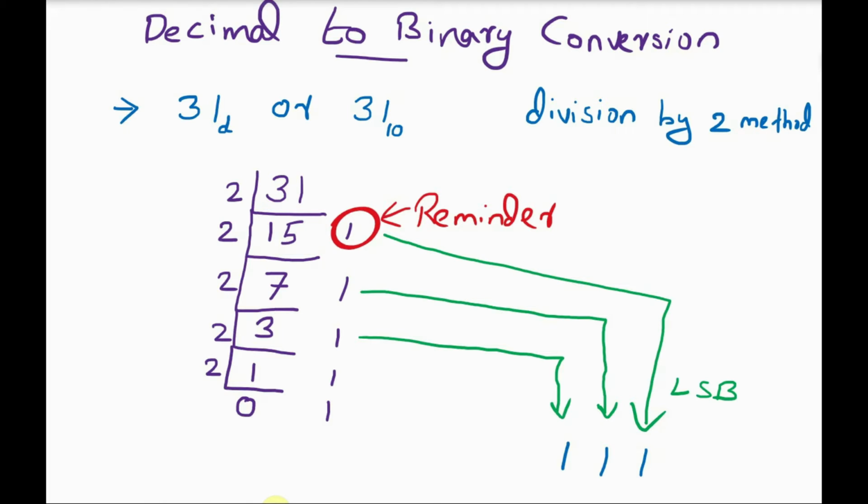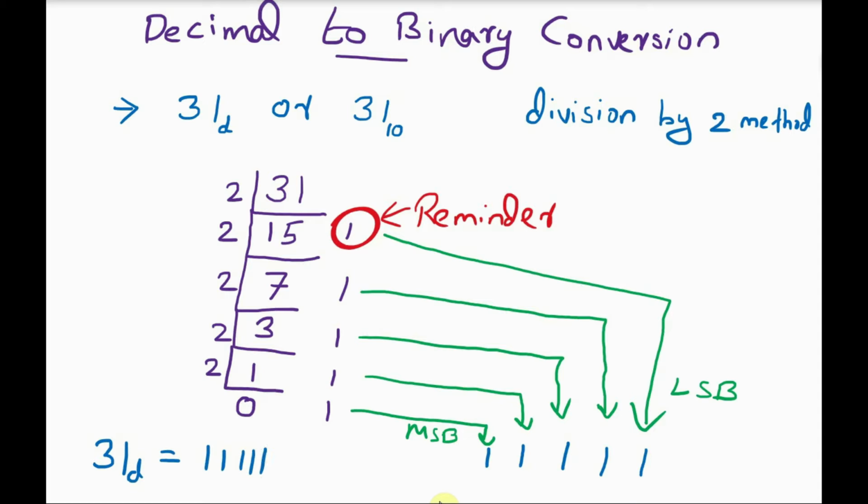Again, the next remainder is 1, and finally the last remainder is the MSB, and it is also 1. So the final answer: 31 to the base D is equal to 11111 to the base B. So decimal 31 is 11111 in binary.